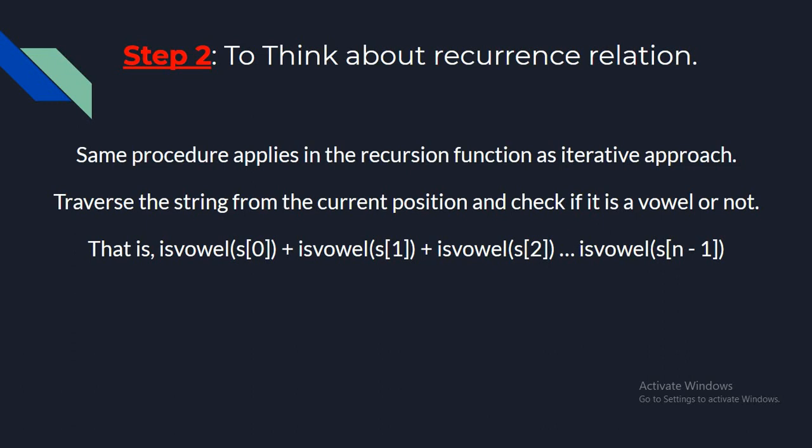Then we check our next character, pause that state also, and similarly we traverse the whole string. When you draw your recursion tree, you will get the point of how your recursion function should proceed and what your recurrence relation will be.